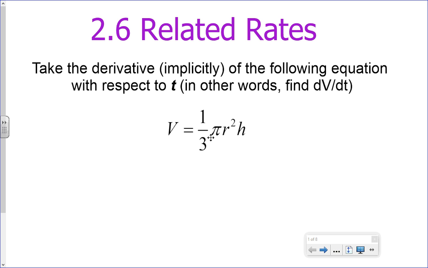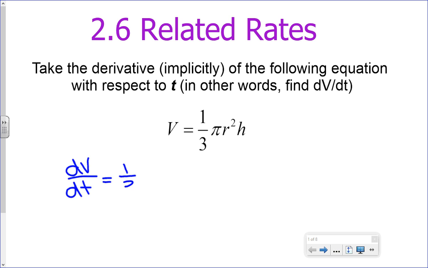Related rates, okay? Rate is like a measure of distance over time, right? Or something else over time. We're going to be taking the derivative with respect to t. So I just wanted to go through something real quick before we actually get into what related rates problems are. If we wanted to take this derivative with respect to t, the derivative of V is 1 dV/dt.